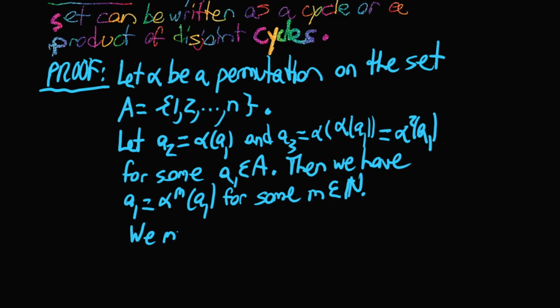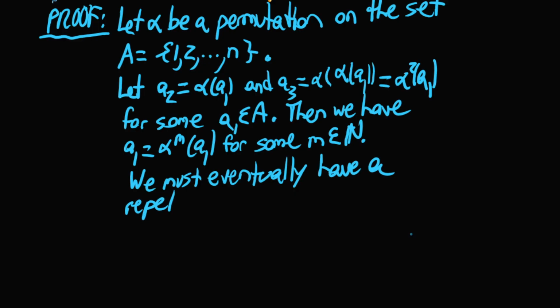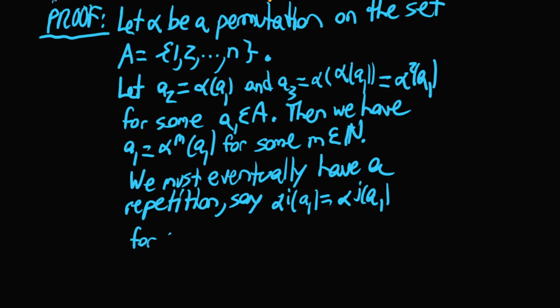So we must eventually have a repetition, say alpha i of A1 equals alpha j of A1 for some i and j that are natural numbers and i is less than j.